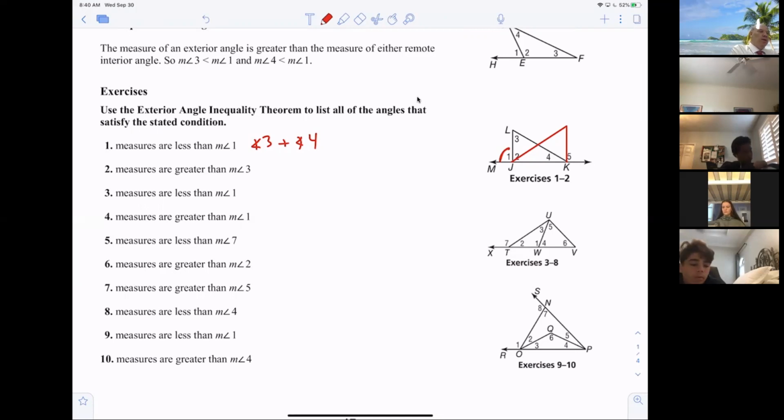So basically, an exterior angle is always greater than the remote interior. Let's see if I'm making sense. So let's look at angle. What measures are greater than angle 3? Angle 5 and angle what? Why are we saying 2?